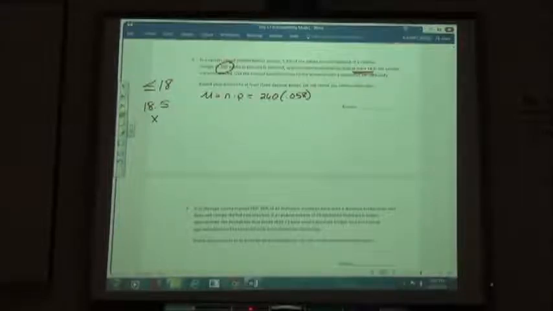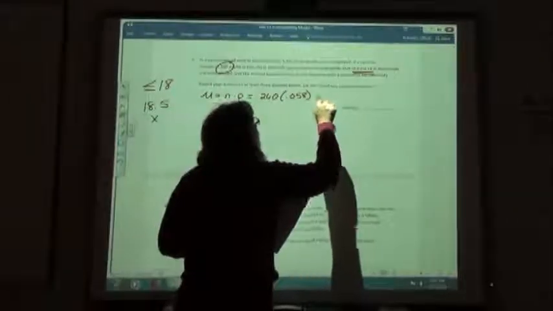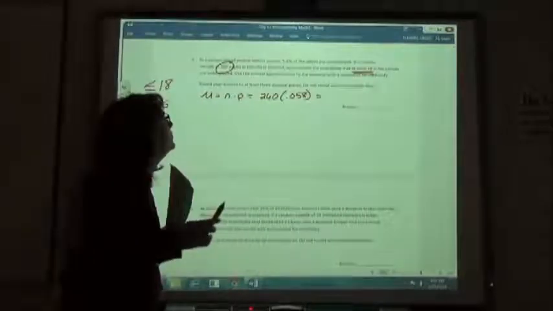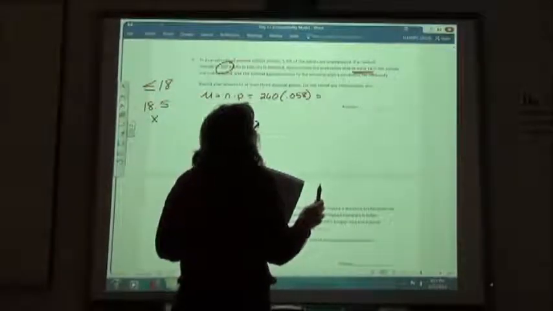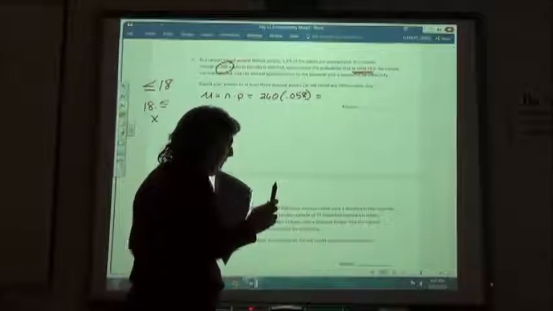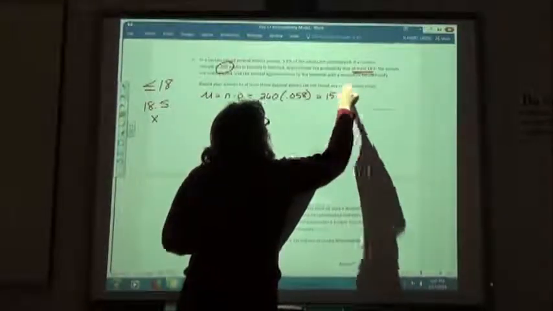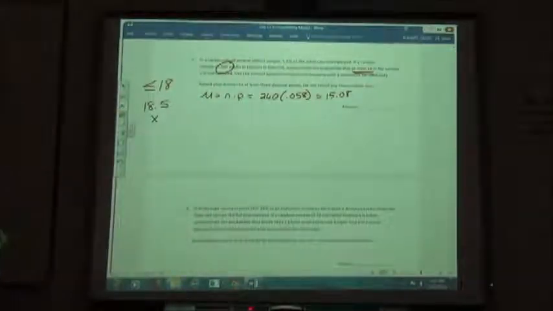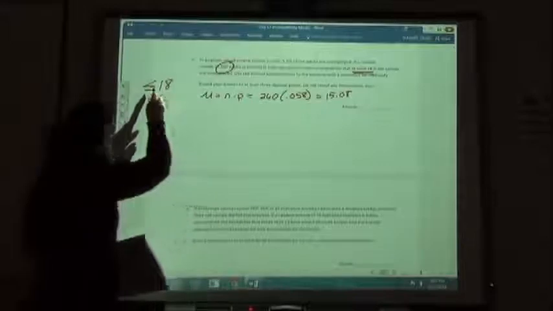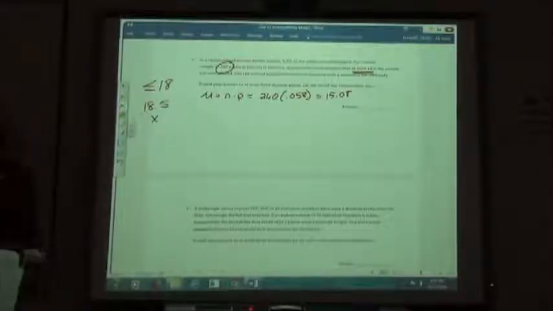If I calculate my mean, I would get 15.08. I'm not going to worry about the standard deviation because we're just going to plug it in as one big value. Now this one is a less than, so we don't need the 1 minus.